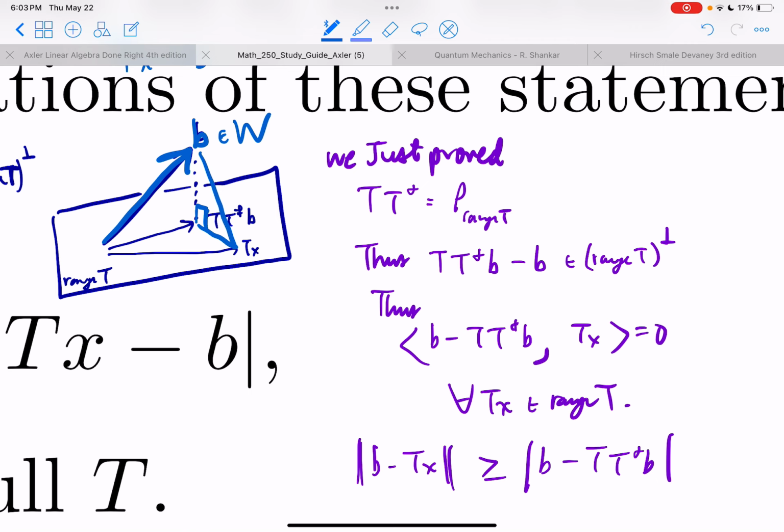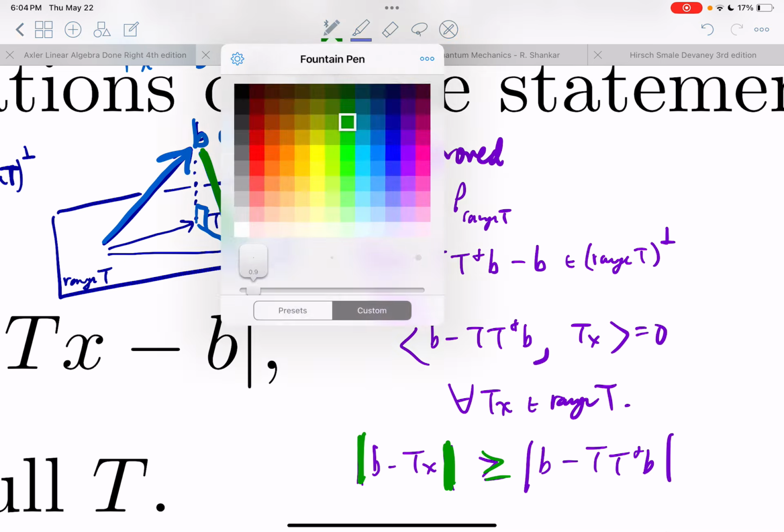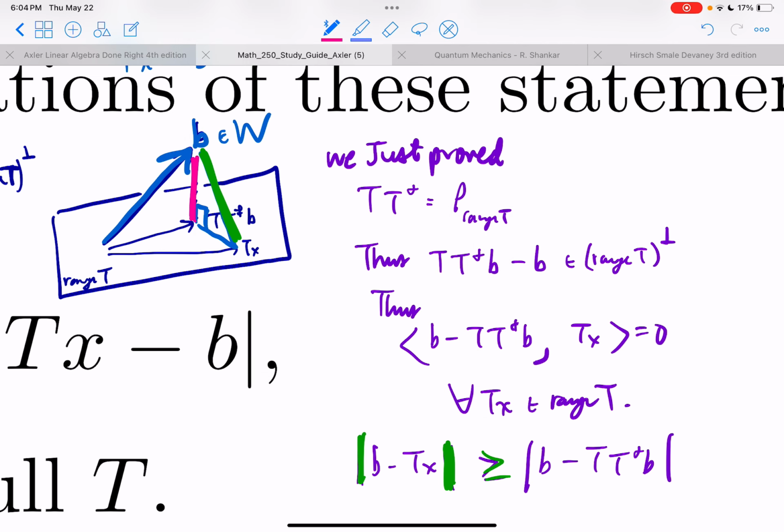But that means we have Pythagoras. Pythagoras says that the length of this green side, the hypotenuse, is longer than any of these two sides, including this one. In other words, of all the Tx's in the range, the one that makes the smallest error is this one right here, T after T dagger.